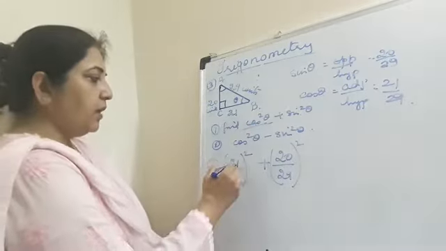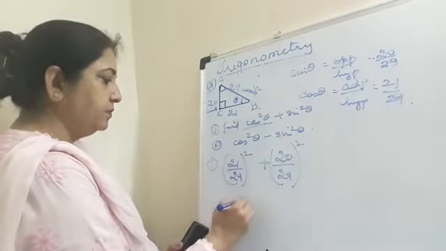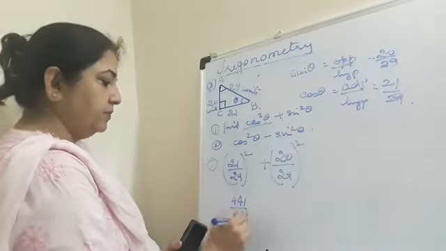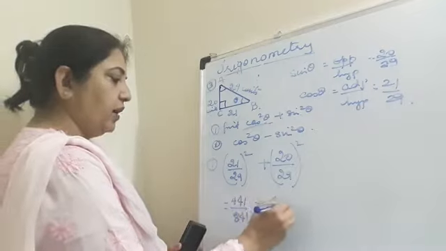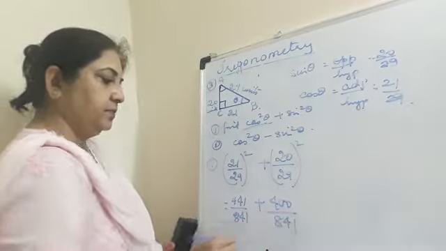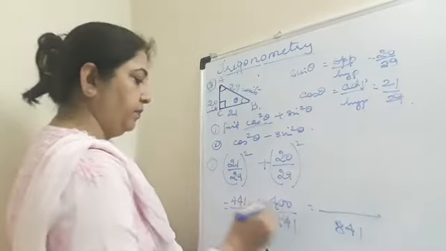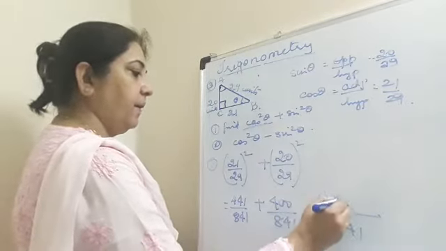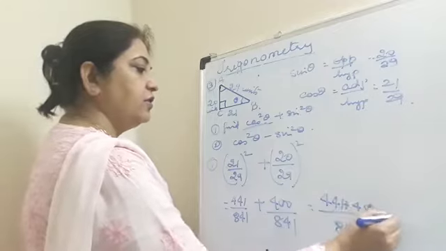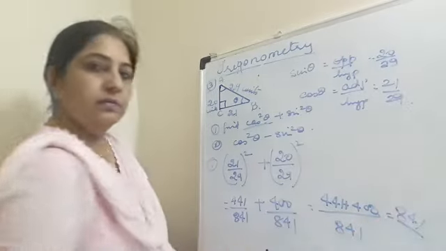Now 21 square is 441 upon 841 plus 400 upon 841. This is the first part. LCM is 841. I get 441 plus 400, which is also equal to 841, right?